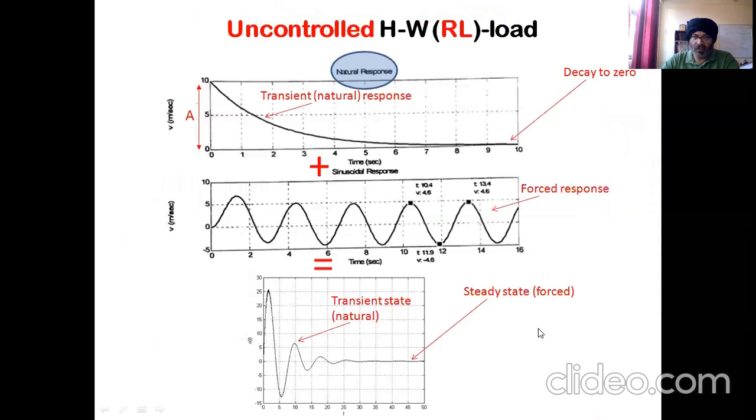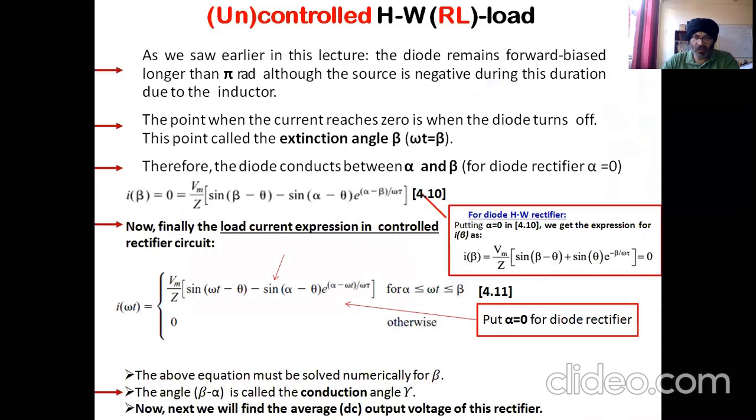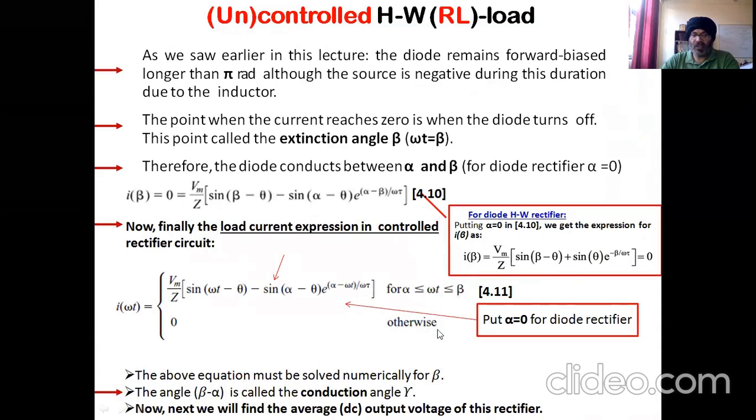And that curve, we saw it analytically. So this is how that curve can be represented mathematically. Before alpha and after beta, the current is 0. We saw that. So this is how that graphical representation can be solved analytically.